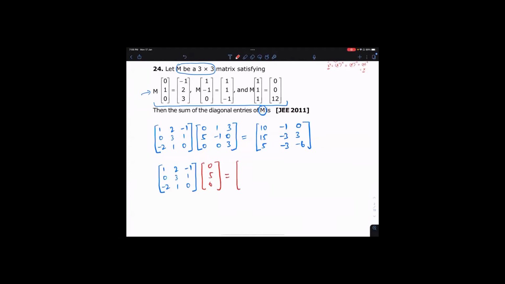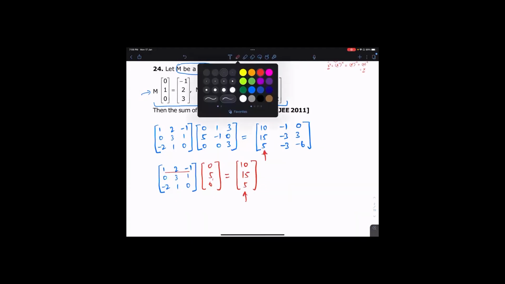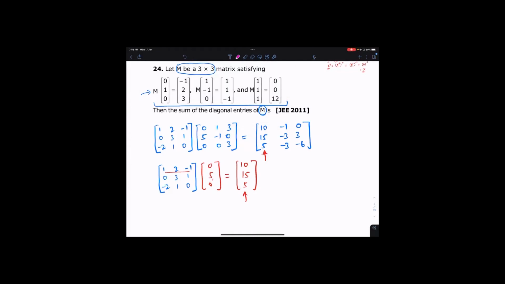Let's see. This row and this column, if you multiply 0, 10, 10, you will get. Next 0, 15, 15, you will get. Next 0, 5, 0, 5. What are we getting, guys? It is the first column or not? So this column will give this column.